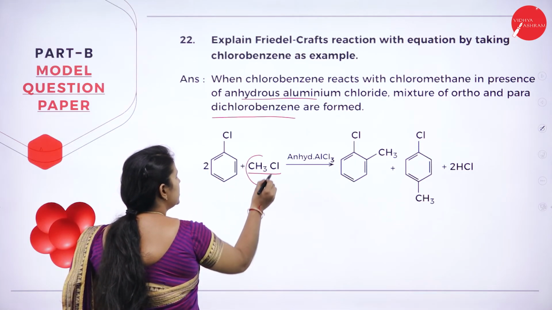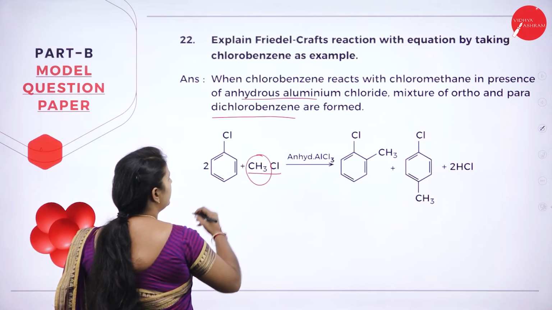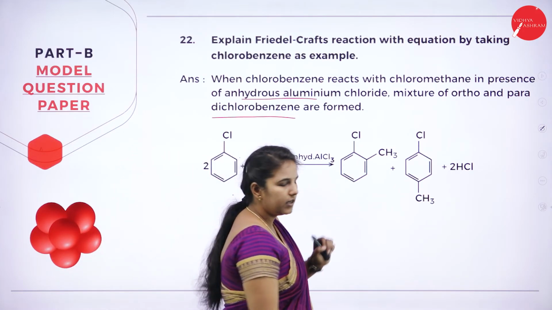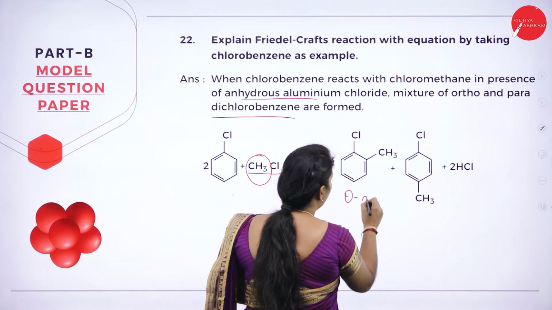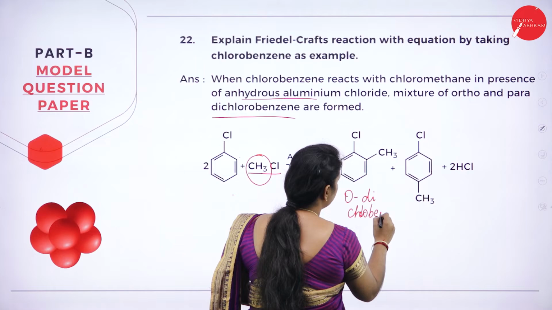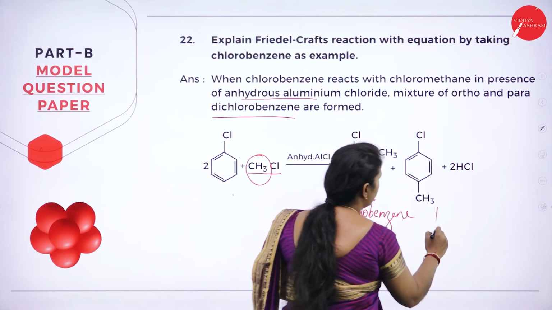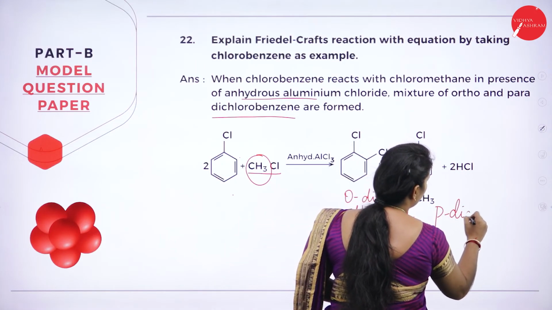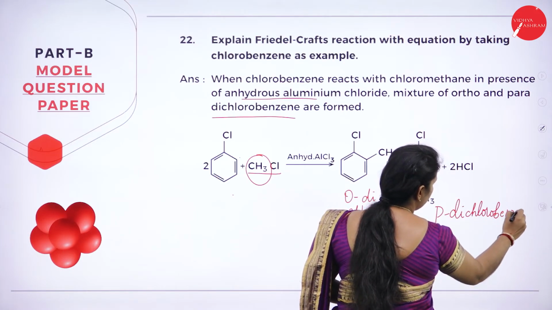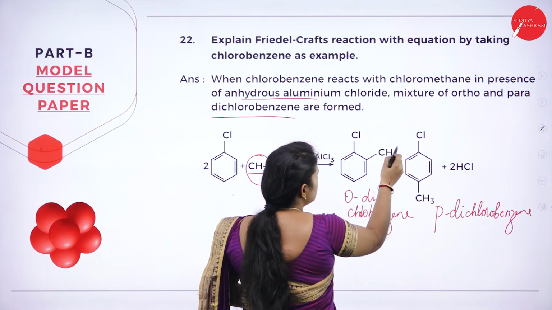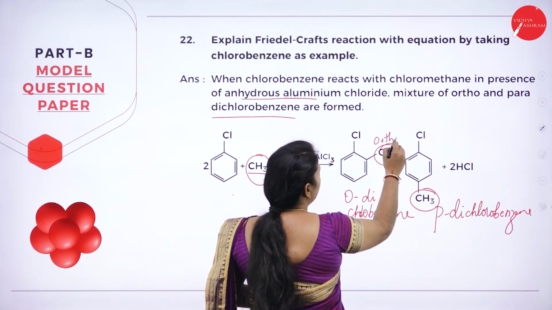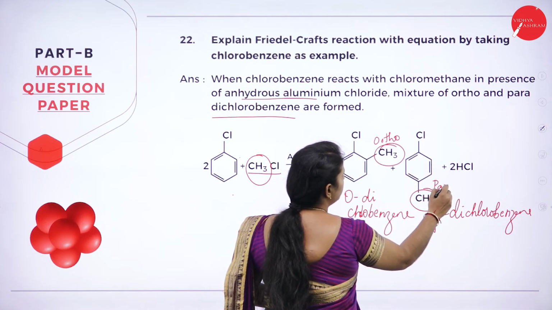The CH3 group will go and substitute at the ortho and the para position, and you will get a mixture of ortho dichlorobenzene and para dichlorobenzene. You can see that the CH3 group occupies the ortho position, and this is at para.